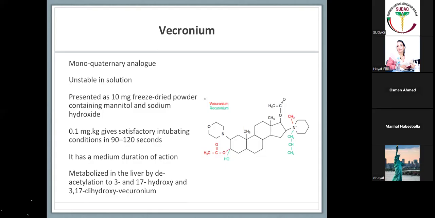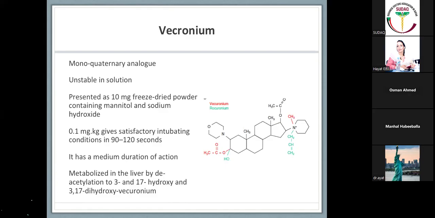But usually, you will find that each hospital has its own muscle relaxants that they commonly use. They might use others, but usually they use one of them.